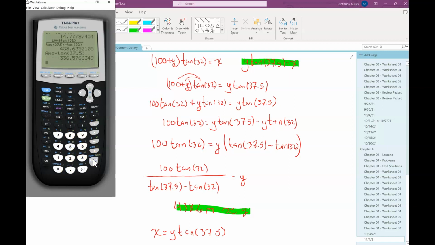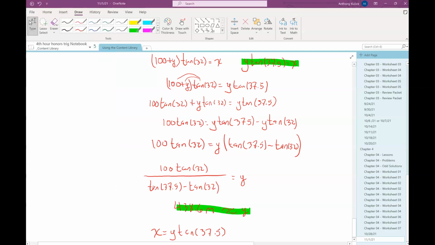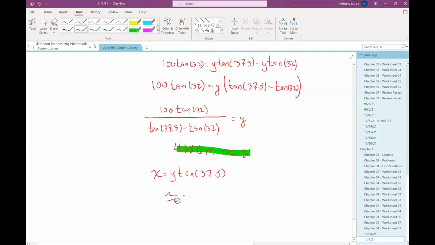So that's about 336.6 feet. Nope, meters.